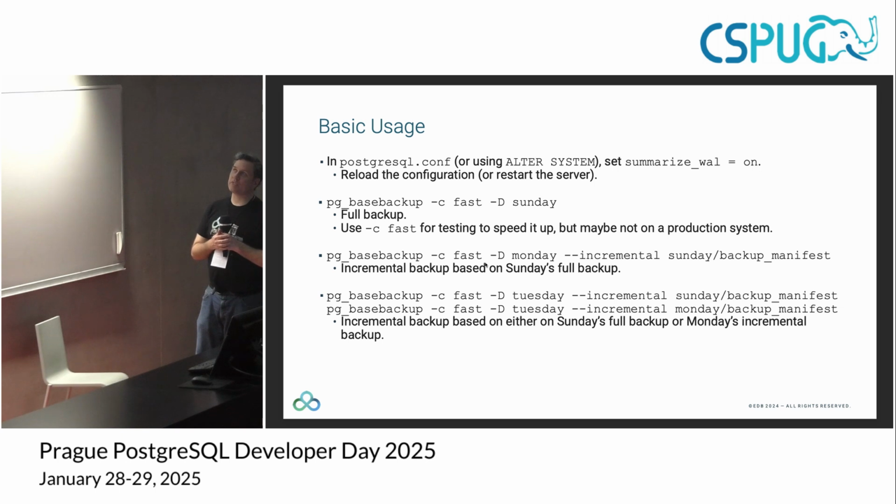So if on Tuesday we take a backup relative to Monday's backup rather than Sunday's backup, that is going to hopefully make Tuesday's backup smaller, right? Because instead of Tuesday's backup containing everything that changed since Sunday, it will only contain the things that have changed since Monday, which presumably is less.